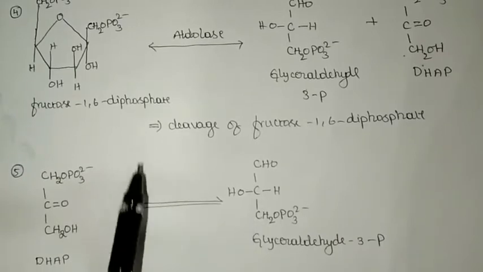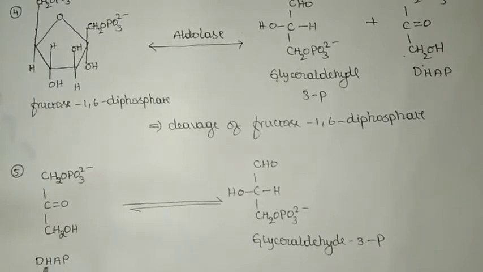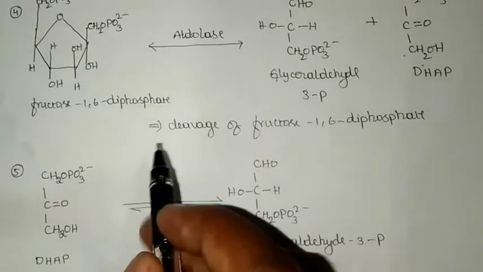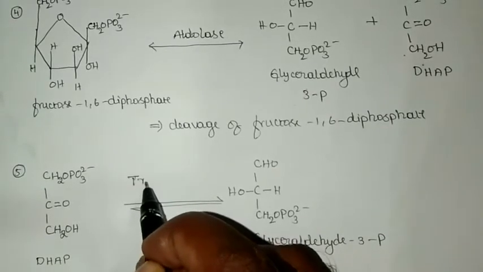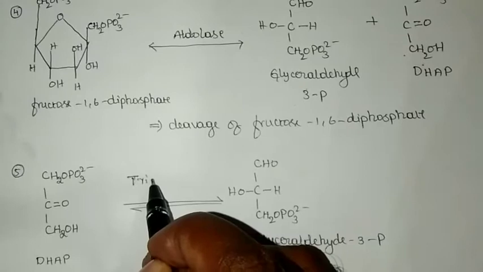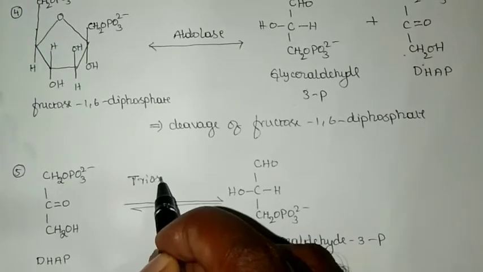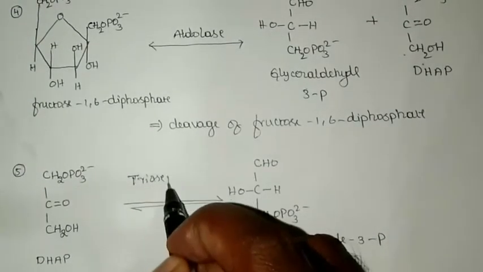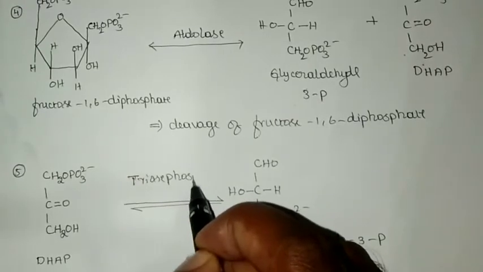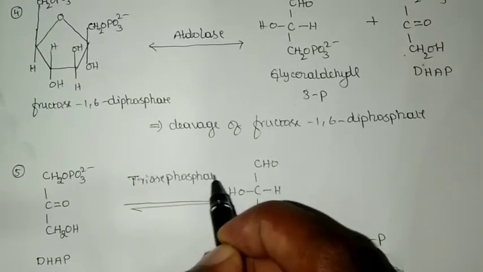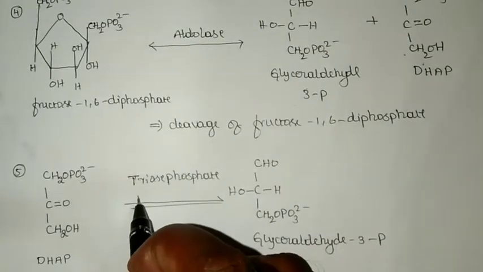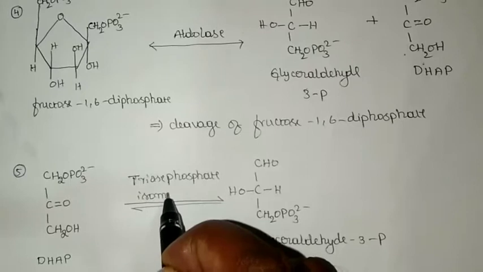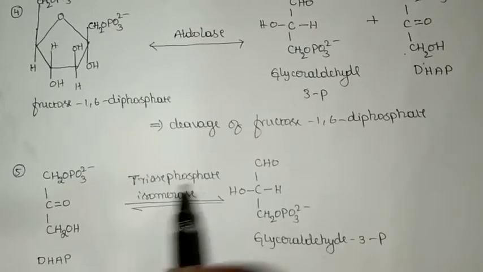with each other. So in order to make the conversion of dihydroxyacetone phosphate into glyceraldehyde 3 phosphate, the enzyme that should be utilized is, since these two are derivatives of triose sugars in the form of phosphate, triose phosphate, and they are interconverting isomeric forms, so the enzyme will be triose phosphate isomerase.